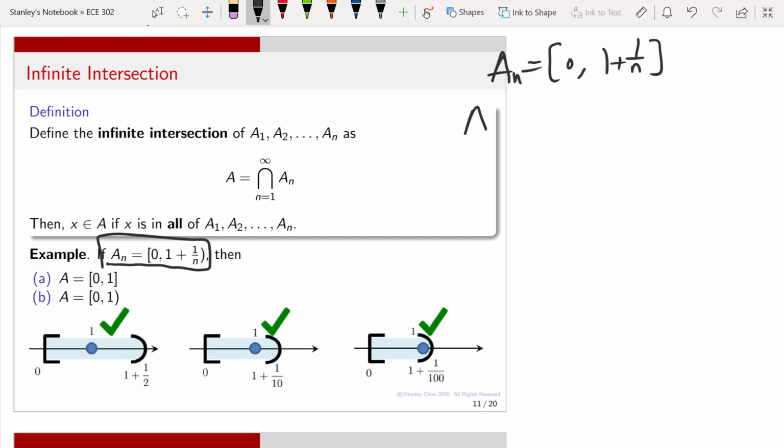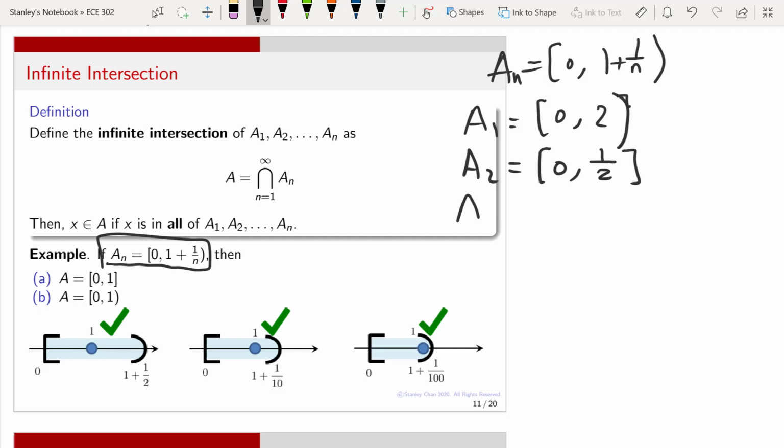So that means A1 will be 0 to 2, and then A2 would be a set that goes from 0 to 1 plus 1 over 2, which is 3 over 2, and then A3 will be 0 and then 1 plus 1 over 3, so that is 0 to 4 over 3.